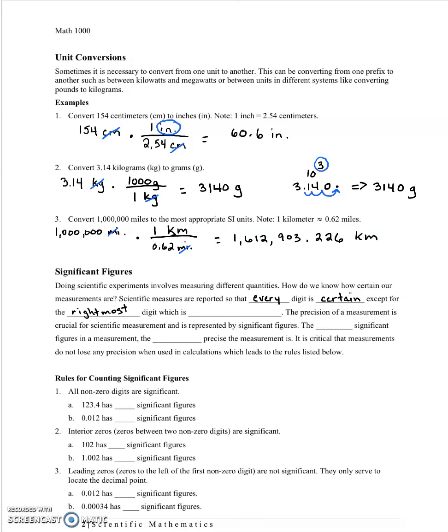And that one is estimated. The precision of a measurement is crucial for scientific measurements and is represented by what we call significant figures, or sometimes we also use the word digits. So significant figures, significant digits, the same thing.